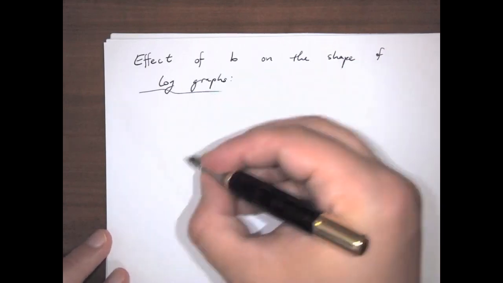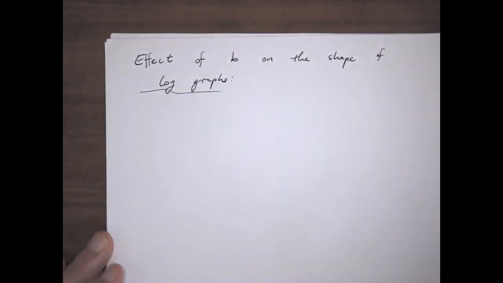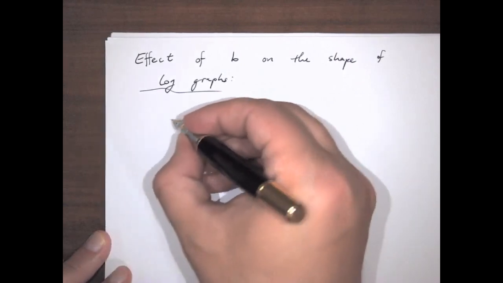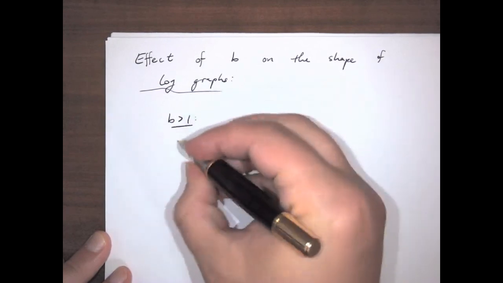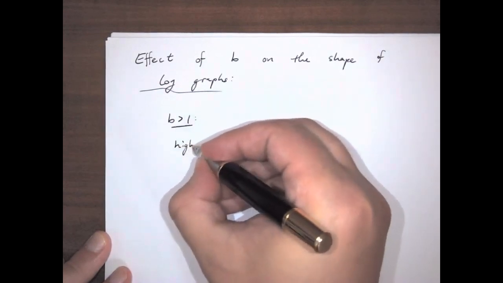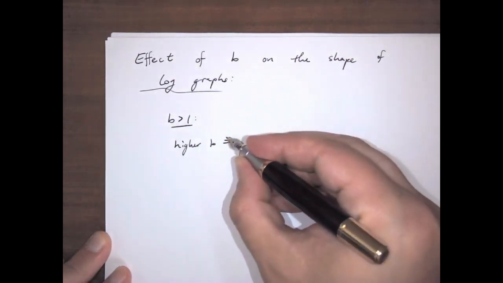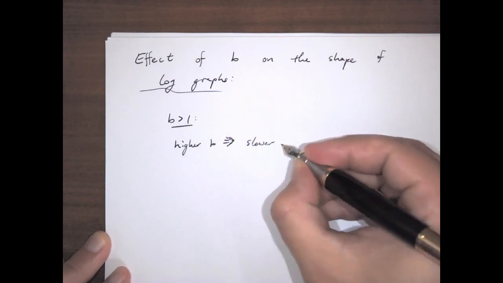But the inverse situation would be that a steeper growth would mean faster increase in x, in other words, shallower growth. So for b greater than 1, higher b leads to slower growth.